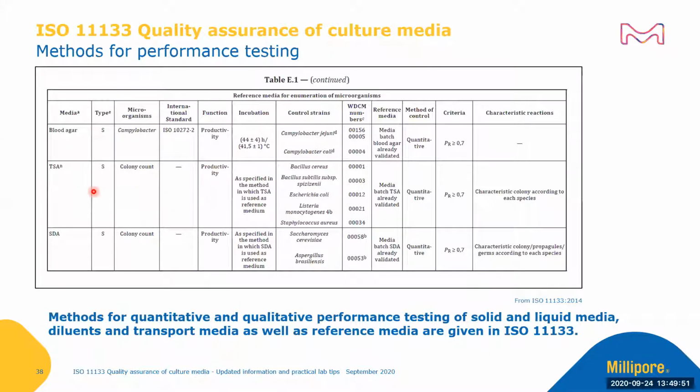You have the medium, you have the microorganisms to be used, which are mandatory, and you have the productivity for the quantitative testing as a criterion. For example, for the reference media, you have to reach a productivity of 0.7 comparing the new batch of the media with a previous batch already validated.